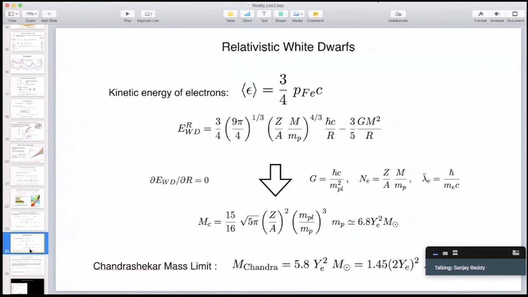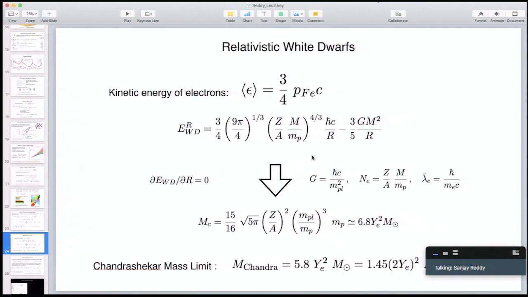Okay. So now you can say, well, what about relativistic white dwarfs? The only difference between a non-relativistic white dwarf and a relativistic white dwarf is that the energy density of electrons for relativistic particles goes like the Fermi momentum rather than the Fermi momentum squared. So you do the same exercise. You write down the total energy of a relativistic white dwarf, and then you optimize the radius.